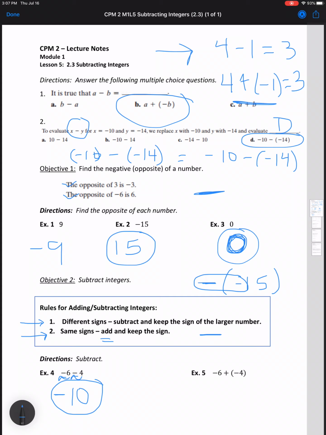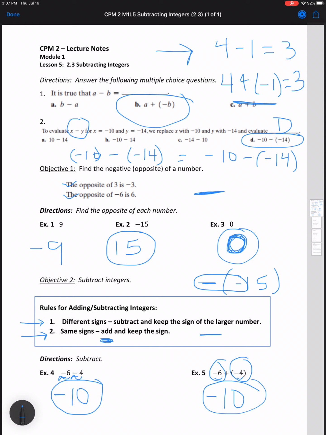What I want you to realize, let's go ahead and talk about example 5. This example 5 is what we did in the last section, 2.2. If I ask you same sign or different sign, look directly in front of the numbers. You'll see the exact same thing in front of each number, right? So same sign, so we're thinking add, keep the sign. And think about it. If I go spend $6 and then I go spend $4, I'm going to be in the hole $10.